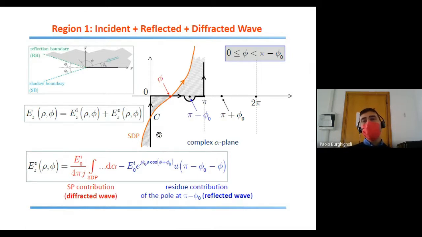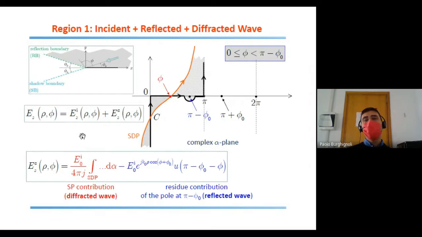Then what happens is that if you deform the integration contour from the black one to the orange one, you will need to cross the shaded areas here, and in particular, you will find the residue contribution that comes from this pole here.